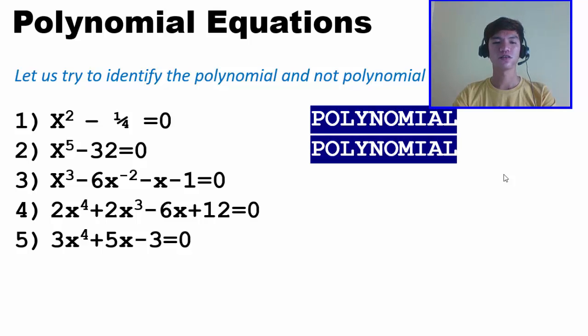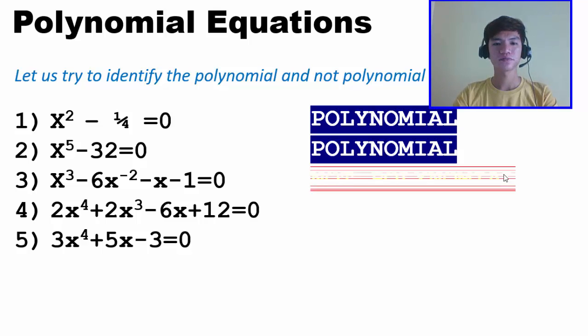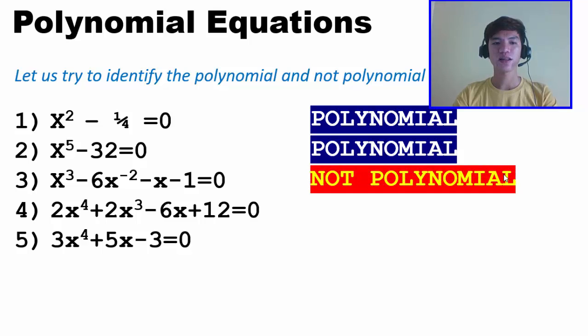Polynomial also. X cubed minus 6x raised to negative 2 minus x minus 1 equals to 0. Not polynomial. Why? Because of the second term having negative exponent on the variable x.